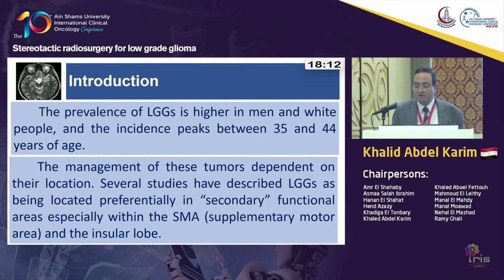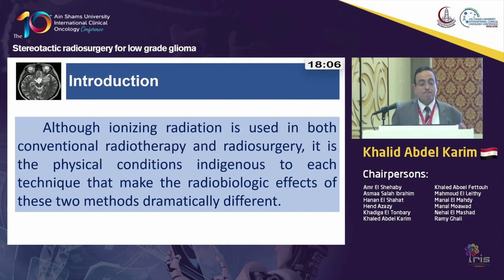Several studies have described low-grade gliomas as being located preferentially in secondary functional areas. Although ionizing radiation is used in both conventional radiotherapy and radiosurgery, it is the physical conditions indigenous to each technique that make the biological effects of these two methods dramatically different.